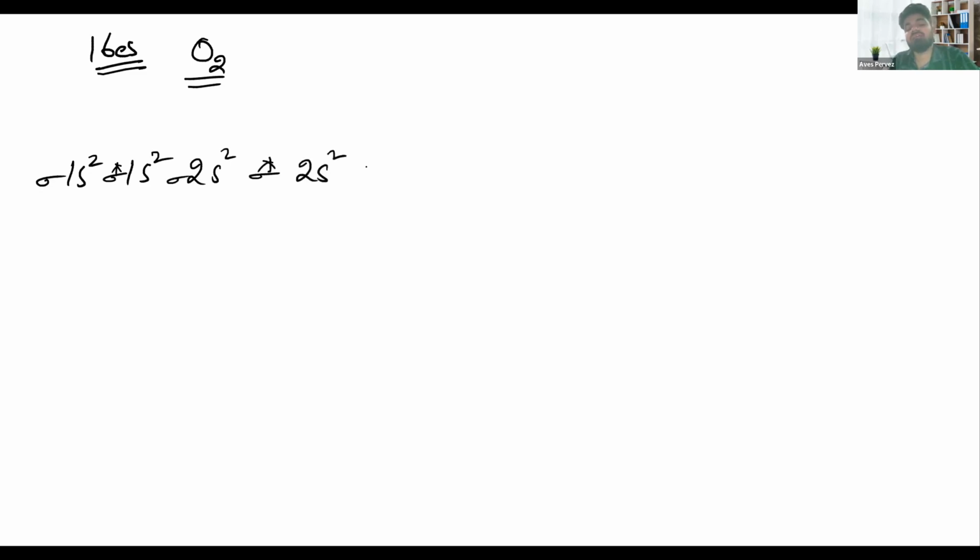Then, since we have 16 electrons, we'll have sigma 2pz, and then pi 2px and 2py bonding, and then antibonding pi 2px and antibonding pi 2py. This one is bonding, and these two are antibonding.